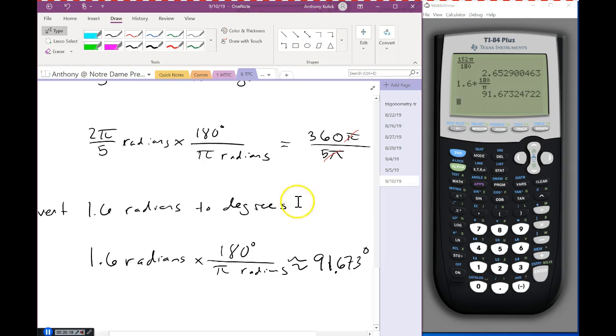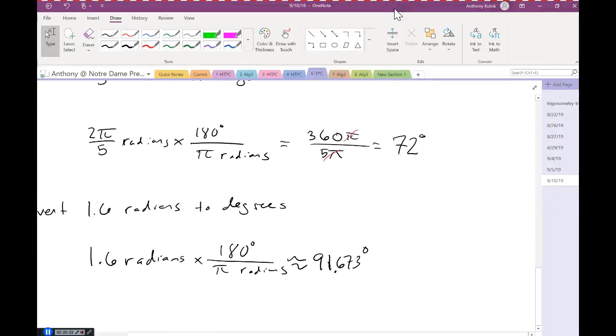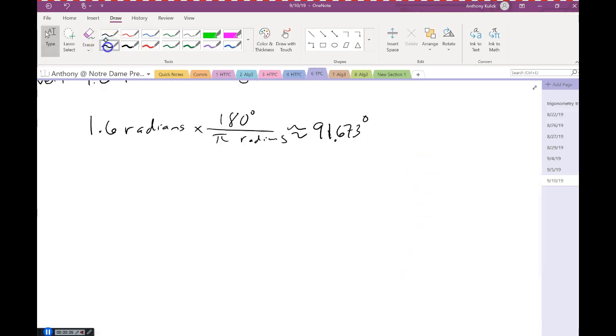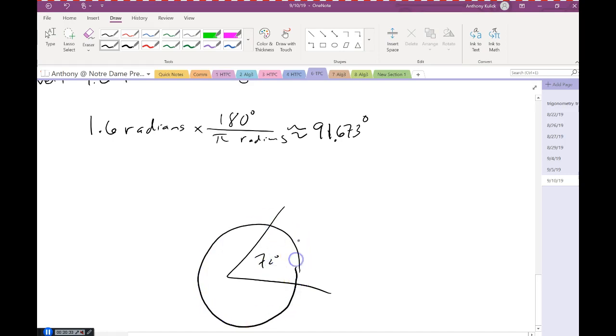Okay. Remember again what the definition for a radian is. If I have, say, some 72-degree angle, if that angle is the central angle in the inside of a circle, the arc length of the circle that runs between the two arms is going to be that radian measure.